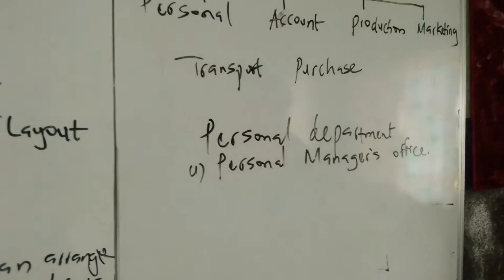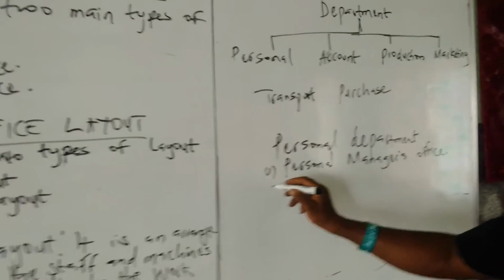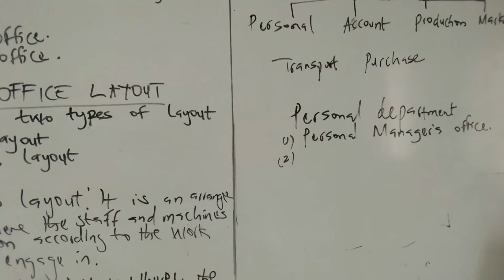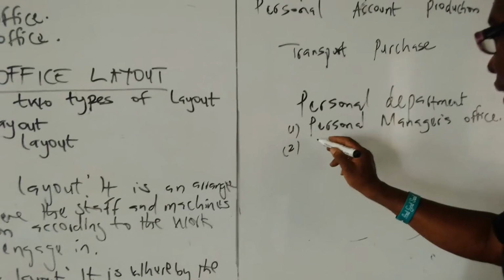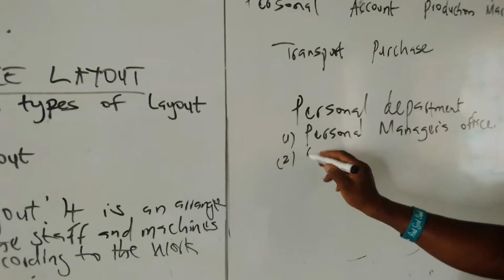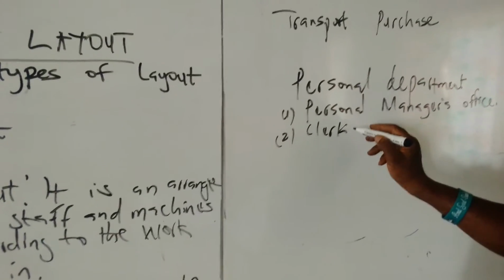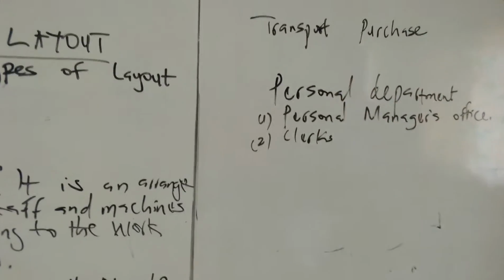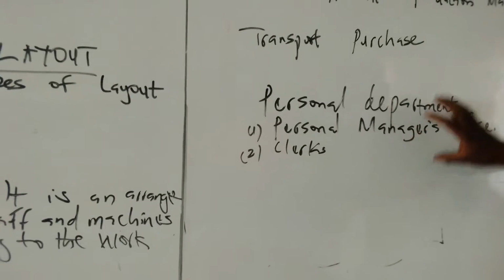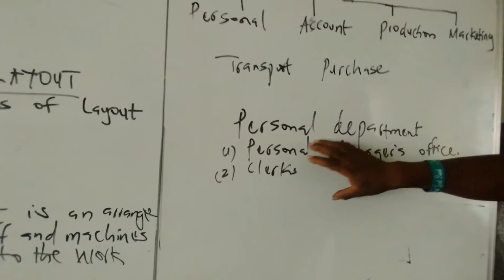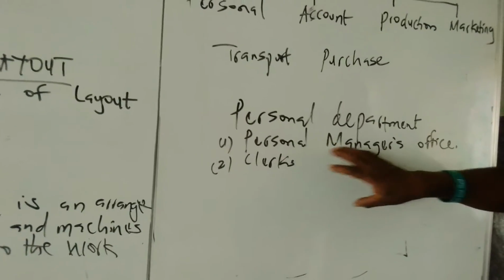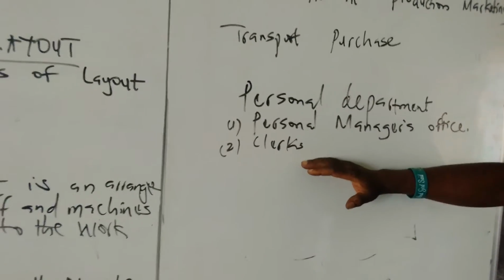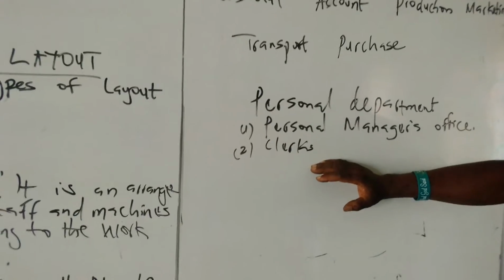Is that taken? Then followed by other staff in that department, like the clerks working there. There may be more than one or two clerks working under this department. But the head of that department is the personnel manager, which is obviously quite different from all these other staff. Is that clear to you?